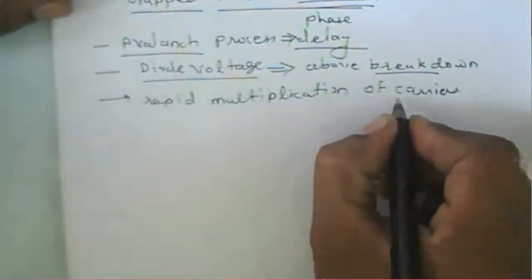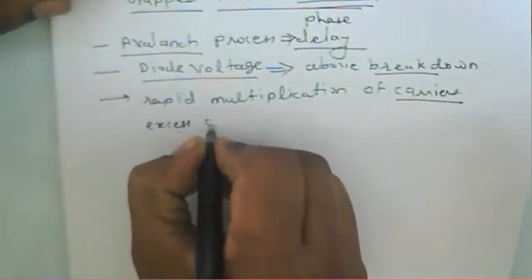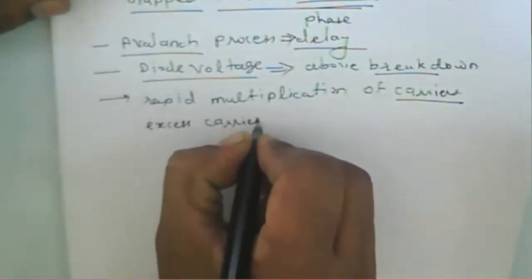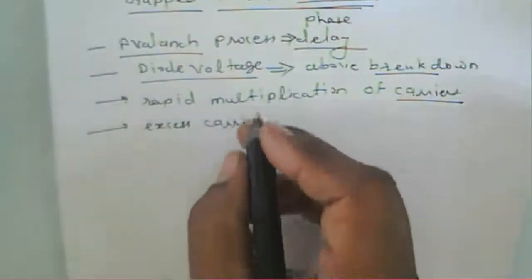This rapid multiplication of carriers generates excess carriers.